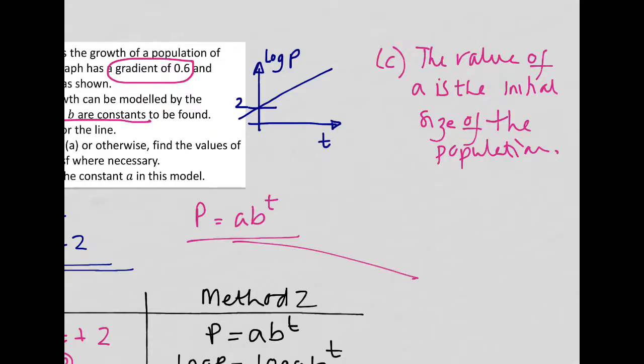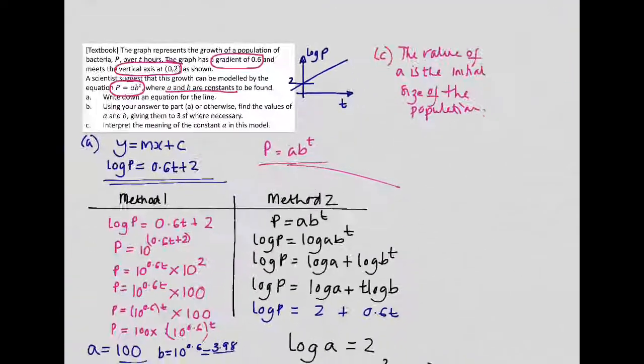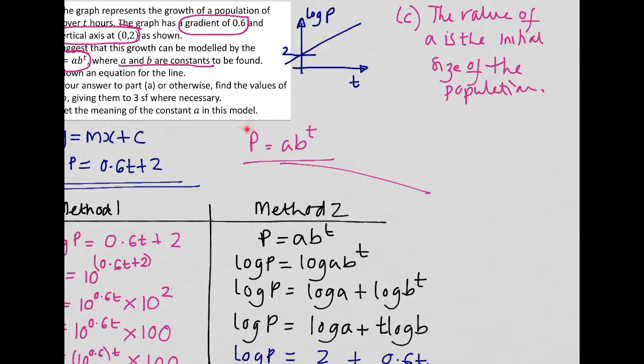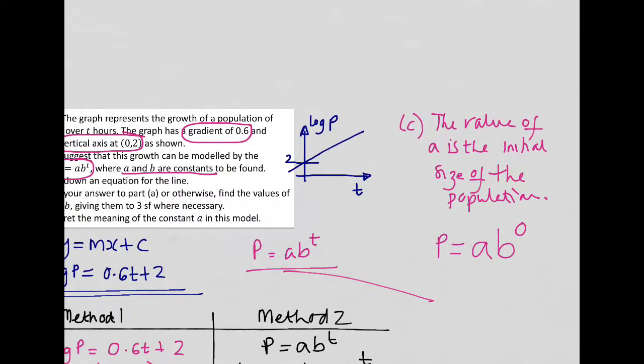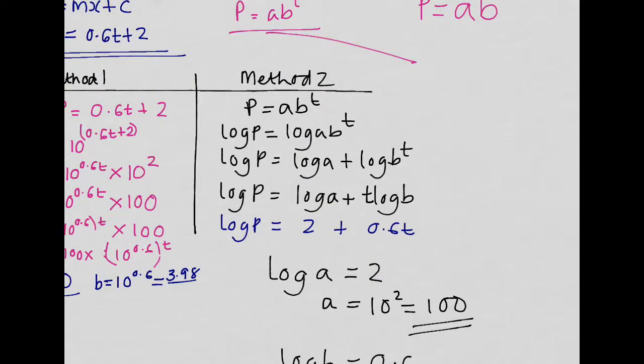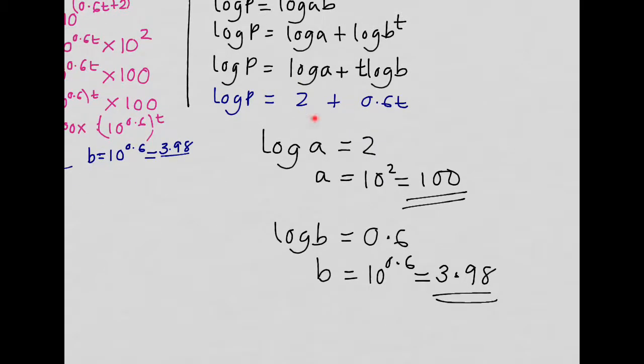You do need to go back to here to see that, because when time equals 0, this would become P equals AB to the 0, because this A value we have already said from before is linked to the intercept. Okay, so we said this is linked to our intercept here.